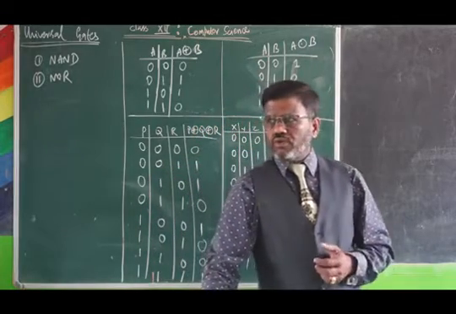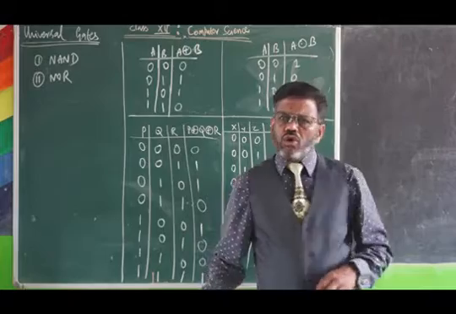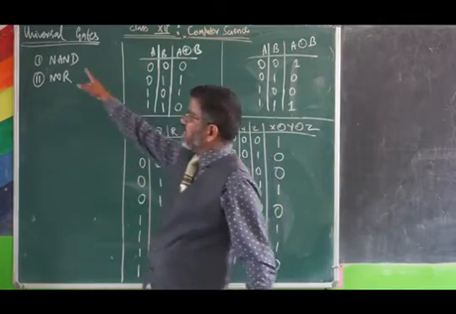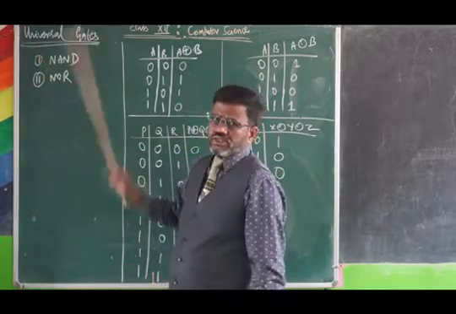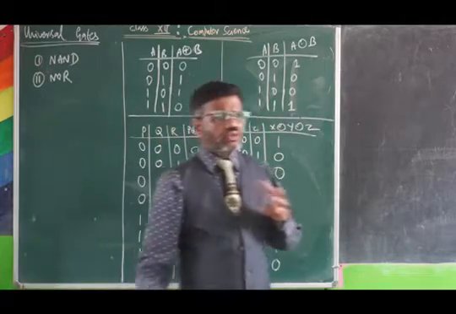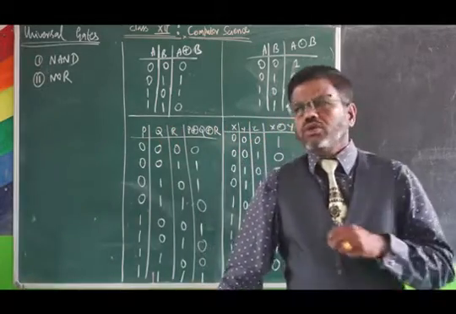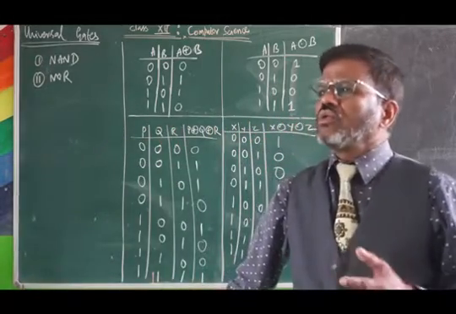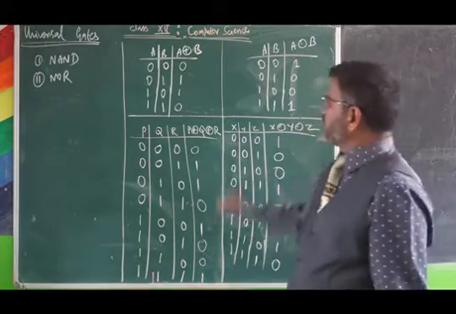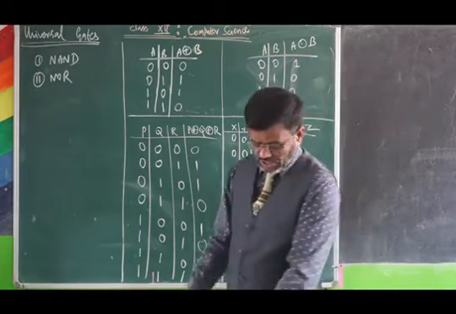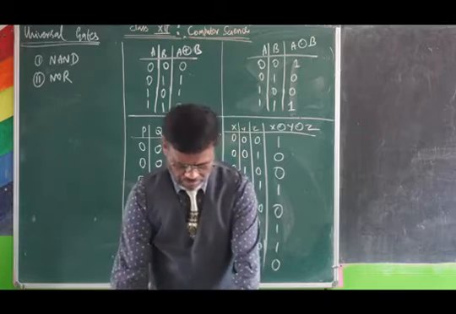It's cost effective. That's why we call NAND gate and NOR gate universal gates. Now, based on NAND gate to NAND gate, NOR gate to NOR gate, we are going to draw certain circuit diagrams. We shall see how to go about it.